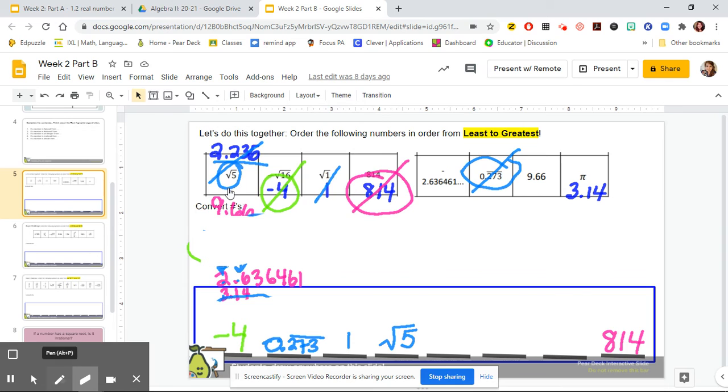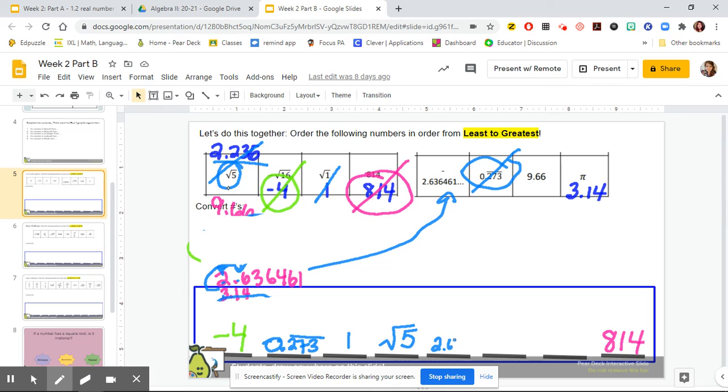And now we have the next 2-point number, which is 2.636461. If I look over here, that's what it actually was. So I've got to squeeze this in here. Okay, erase that from my list. I have two numbers left over. We have pi, which is approximately 3.14, and we have 9.66.